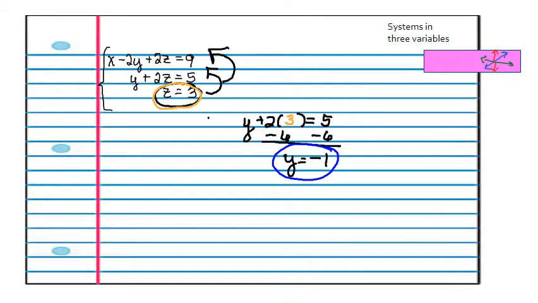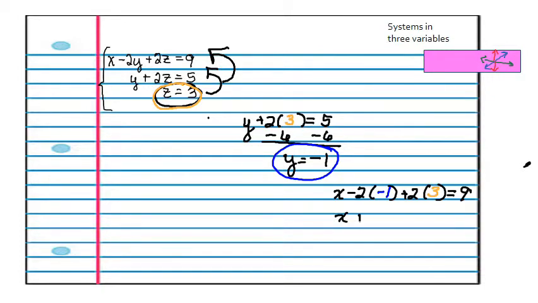So now I'm going to go find x minus the 2. I'm going to take away the y plus the 2z. And you know me, I like to make a template as we work along here. So I'm going to put in my z, which I know is 3, my y, which I know is negative 1, and I'm going to go solve for x.